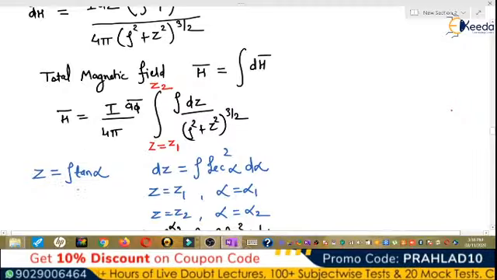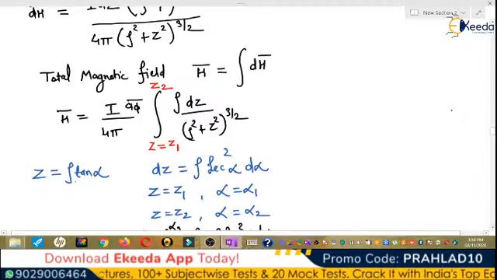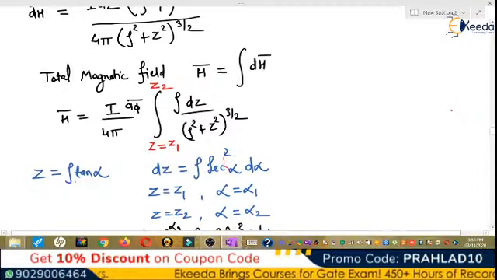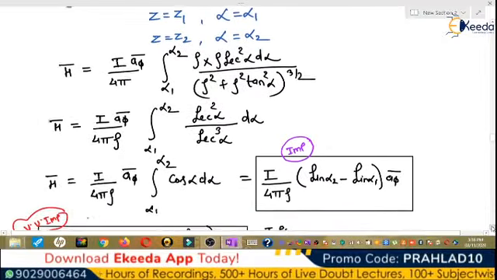So we'll put here z is equal to rho tan alpha and dz is equal to rho sec square alpha d alpha. When z is equal to z1, then alpha is equal to alpha 1, and when z is equal to z2, alpha is equal to alpha 2.